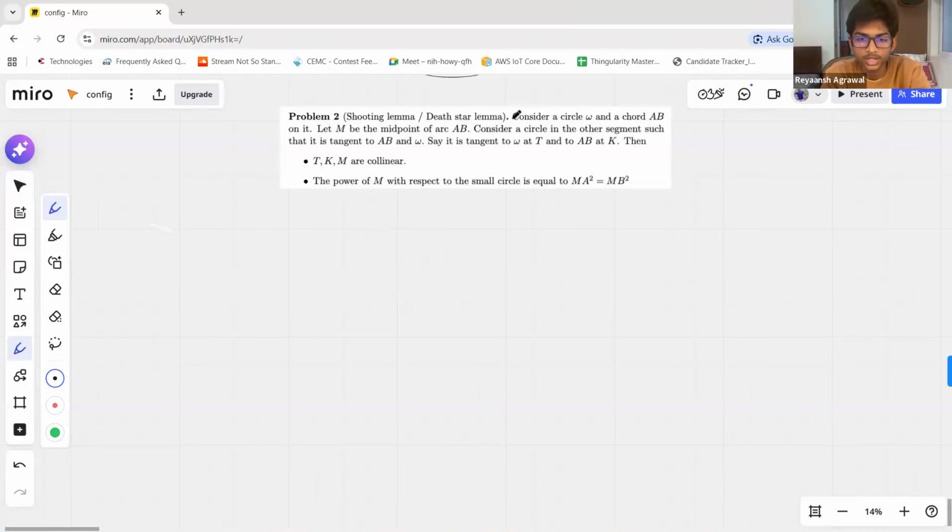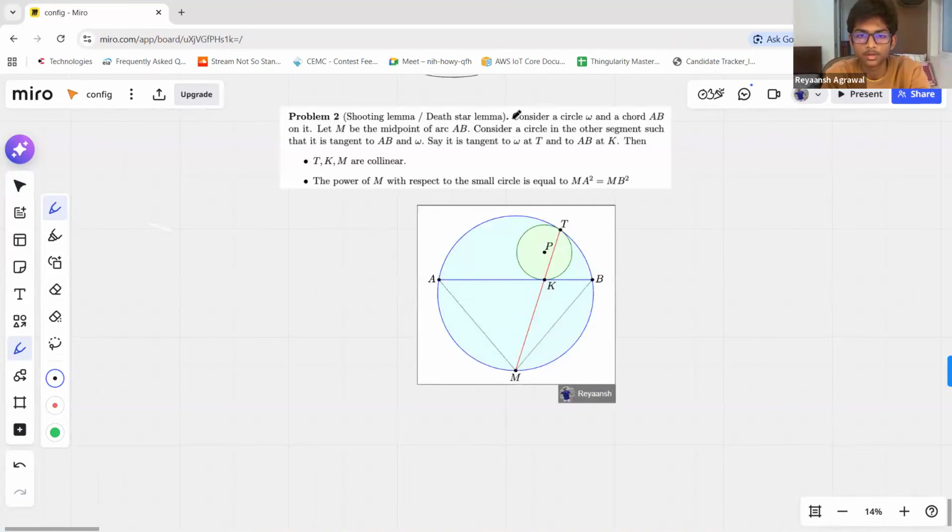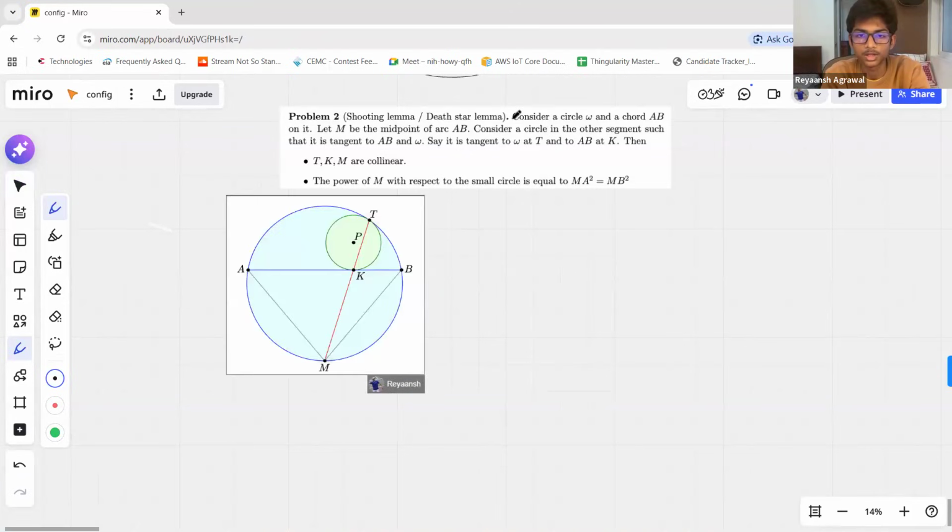I'll also put up the diagram. Right. So what can we do with this?